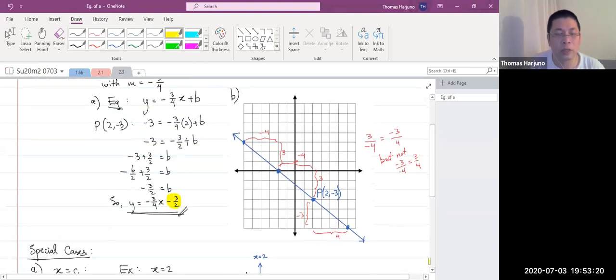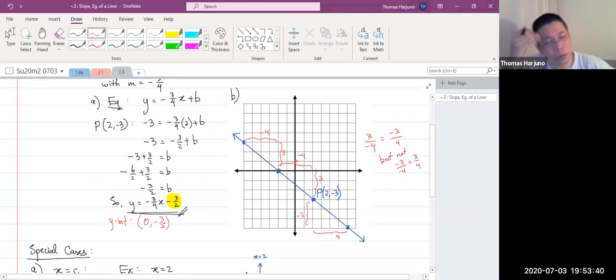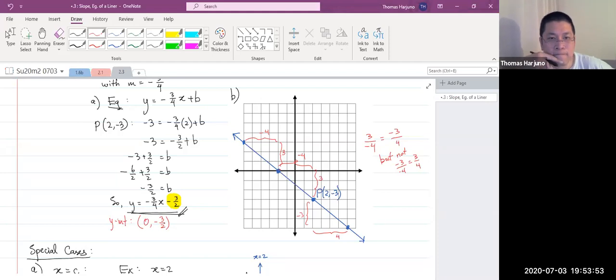You can try when you plug in, if I ask you what's the y-intercept, we know every y-intercept must have x equals to 0. When x equals to 0, the y will be -3/2. Again, every y-intercept, x equals to 0. If I ask you 100 y-intercept questions, then you will set the x equals to 0 100 times. In other words, you do it all the time, the same way.